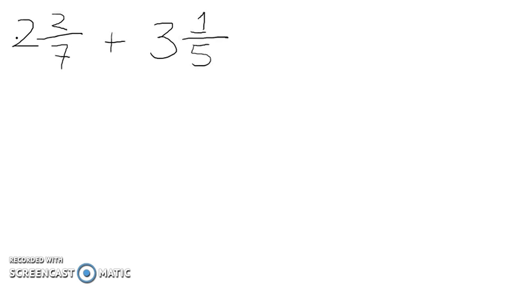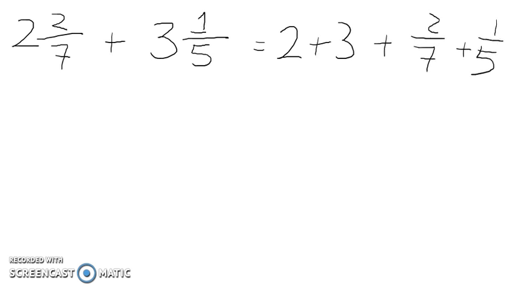Next, one more example. 2 and 2/7 plus 3 and 1/5. Now, similarly, please break them apart. We get 2 plus 3 plus 2/7 plus 1/5.